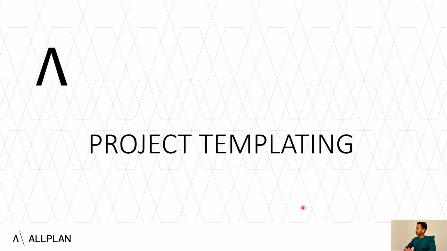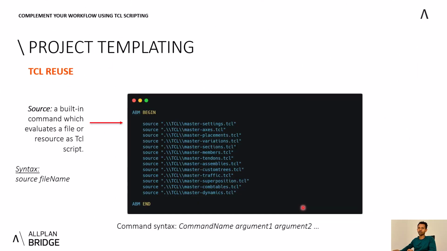We will summarize what we have seen so far with the project templating. We just have to go through two notes or remarks, then we will see the use cases. The first is TCL reuse. We have seen this in the previous slide, where we said that if you export a given project partially, you will have source files like this.